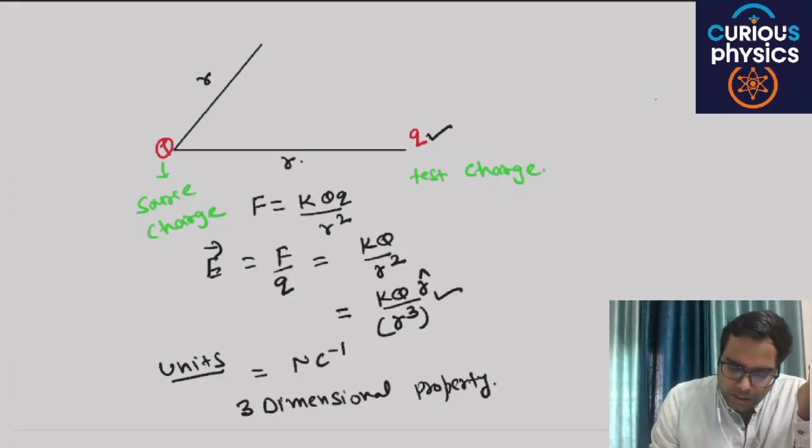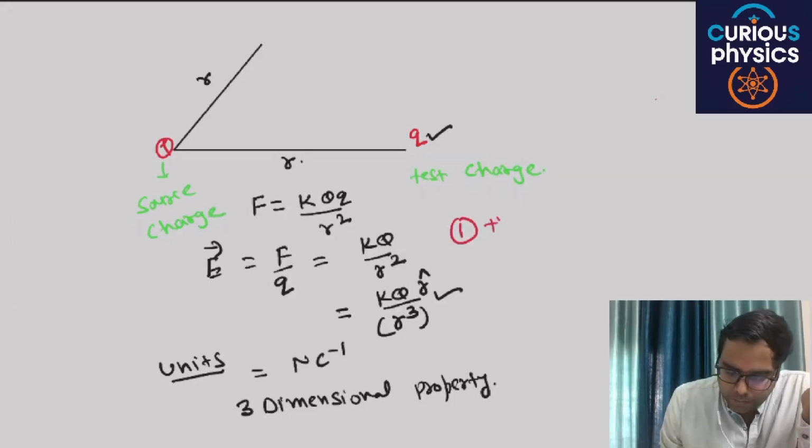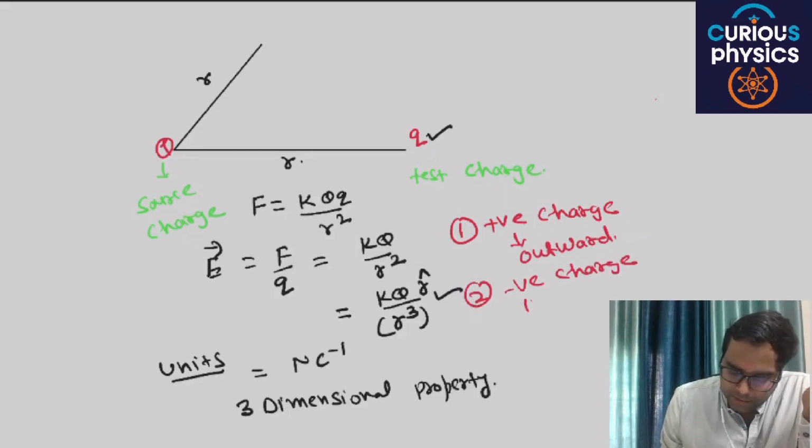To increase your understanding, another point: the electric field from a positive charge is in the outward direction, and for a negative charge it is in the inward direction, toward the negative charge. Are you getting my point?